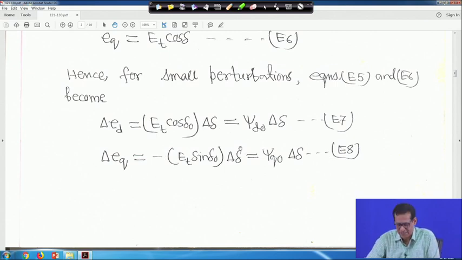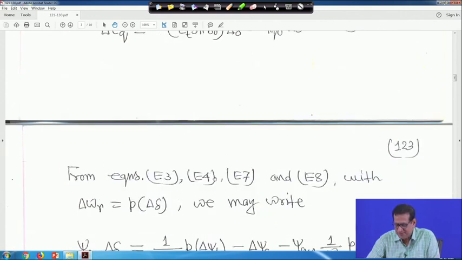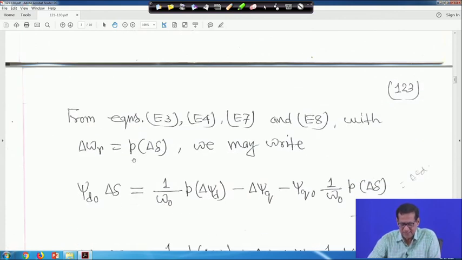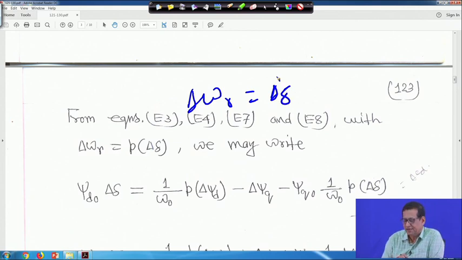So, understandable, right. Now, from equations E 3, E 4, E 7 and E 8, with delta omega r equal to p delta, because we know that p is d/dt, therefore delta omega r is equal to delta dot, that is nothing but p delta.